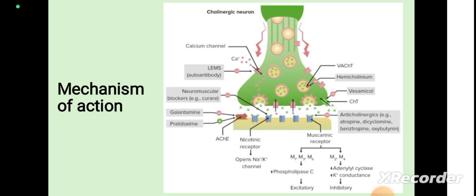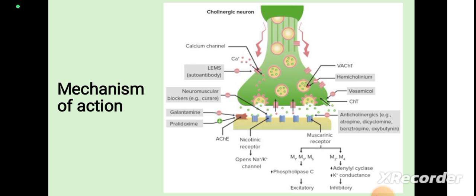It is almost the same as for cholinergic drugs, but let me again repeat it. So the cholinergic neuron we have in green is the presynapse, and in yellow we have the postsynaptic, and in between the white junction is called the synaptic cleft.